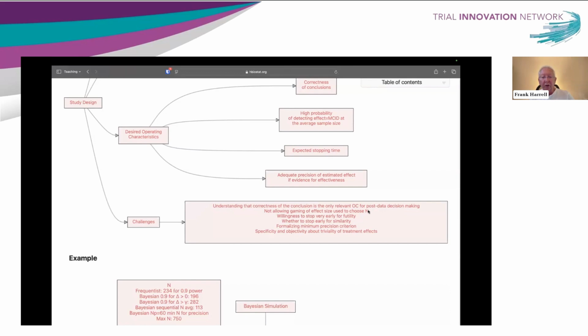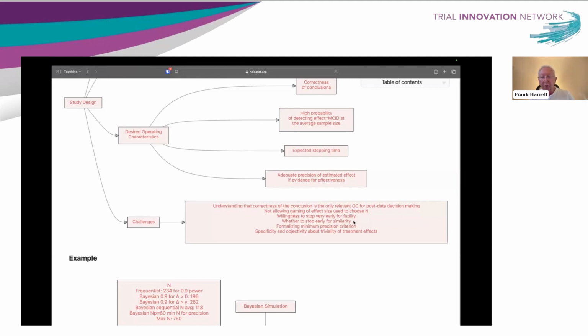This is really big. We need to quit allowing gaming of effect size used to choose the sample size. If you're willing to stop very early for futility, you can make major time savings, cost savings. You cannot hang up patients with rare diseases for too long in a futile study if you're willing to do this.